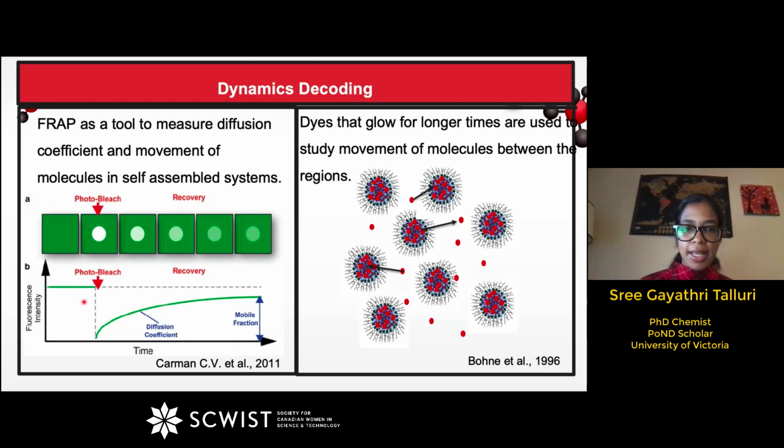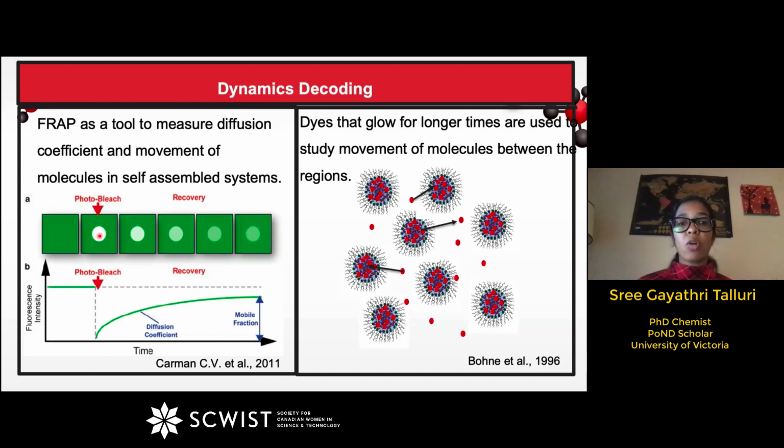As you can see in this graph, when you bleach it, the intensity goes down to 0, which means that the dyes in that area were damaged by the high intensity light. Once this happens, the dyes that are outside that area, for example, the dyes that are in the green area in this picture, will start to move into the white area, which is bleached.